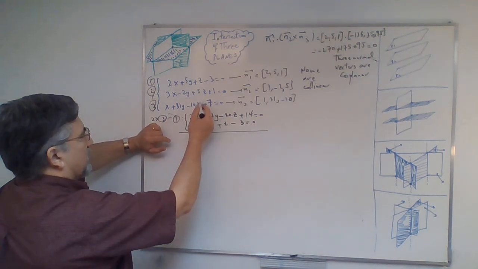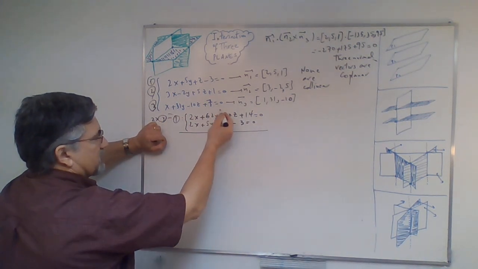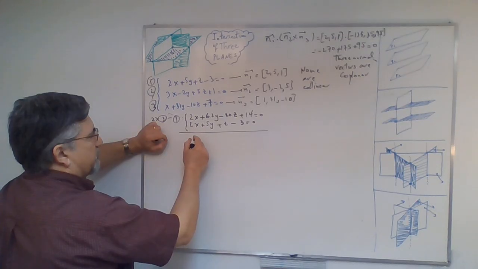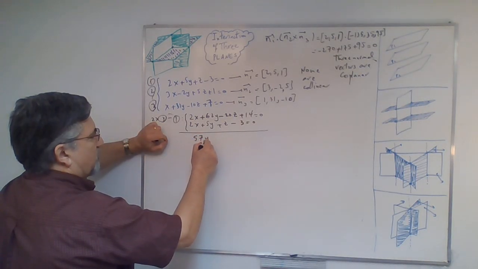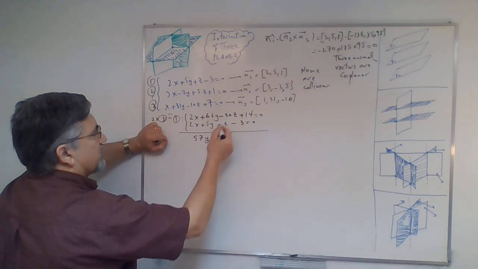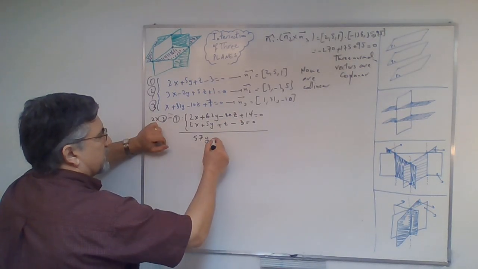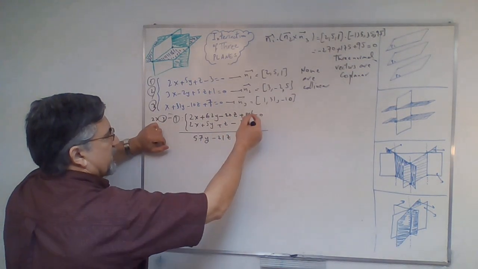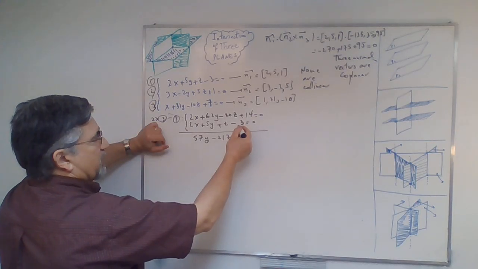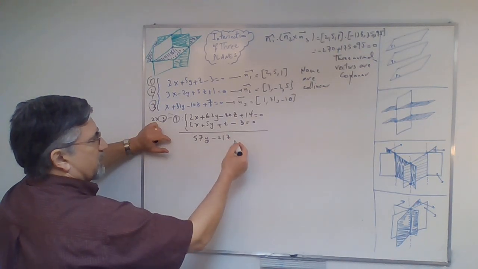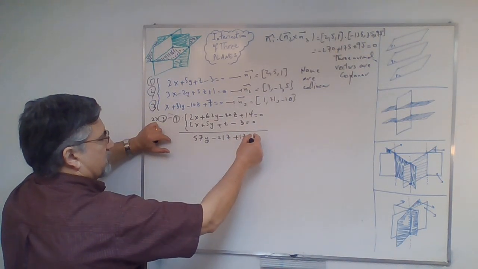Why not show the work? So 2x minus 2x cancel out each other. 62y minus 5y would be 57y, right? Negative 20z minus 1z, it would be negative 21z. And 14 minus 3 is 14 plus 3, which is 17, equals 0.